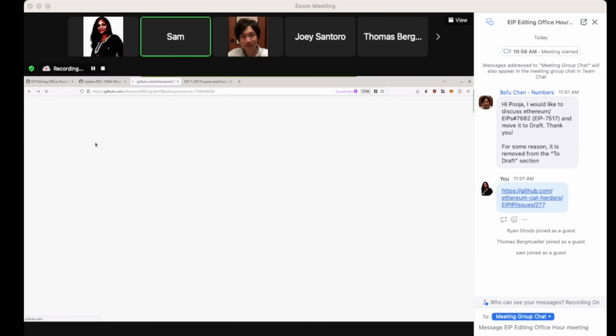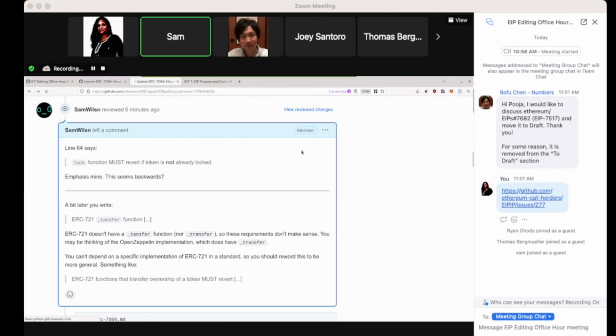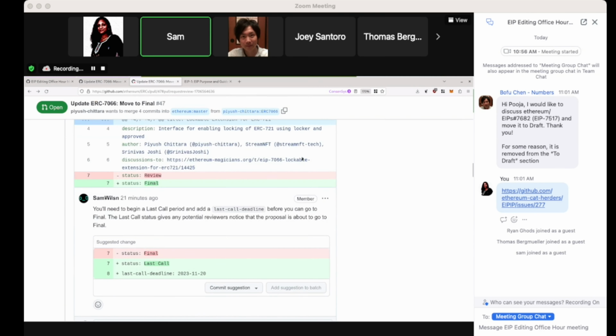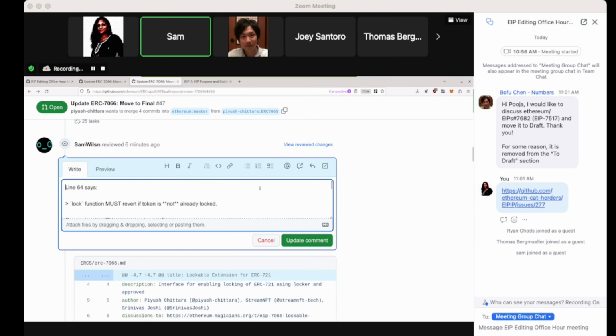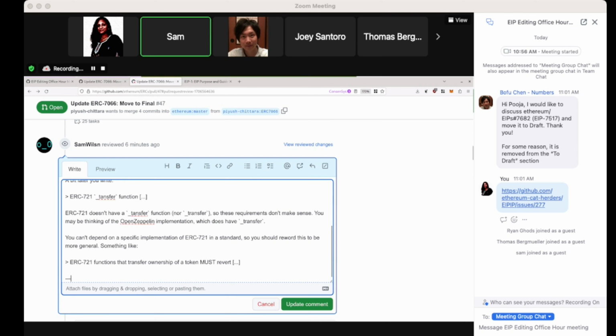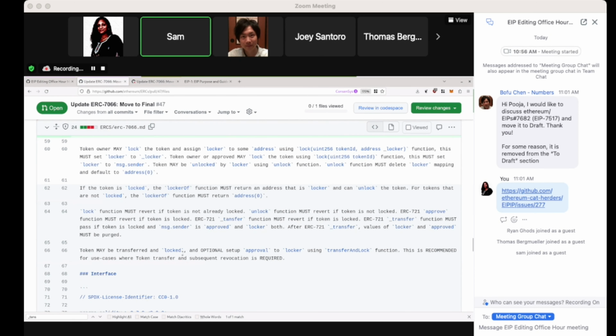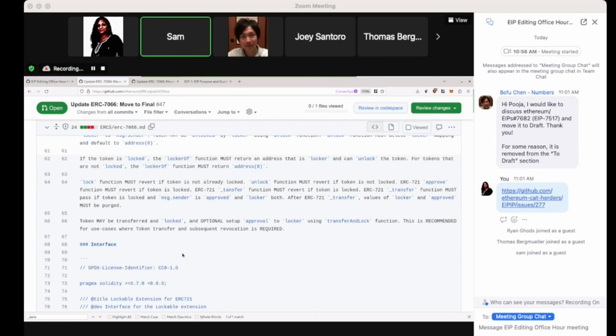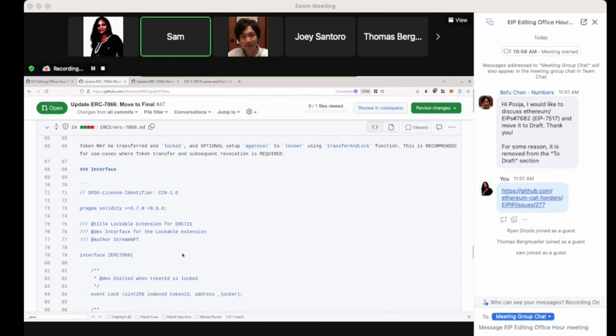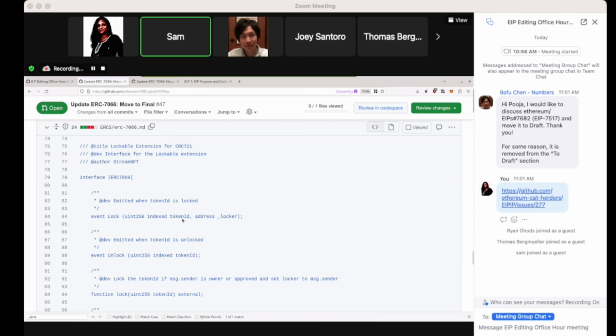Okay, it's the actual interface. Lockable extension for ERC 721. Emitted when token ID is locked. Emitted when token ID is unlocked.